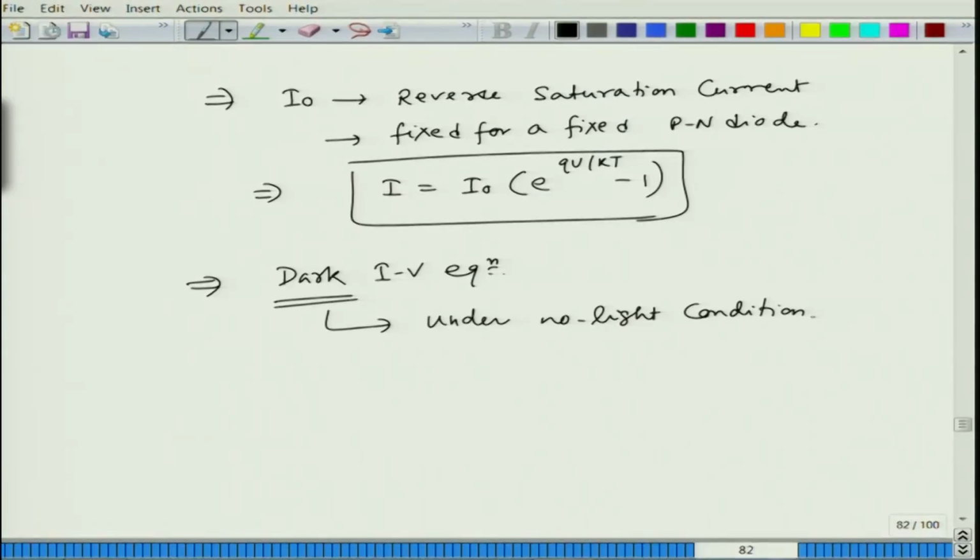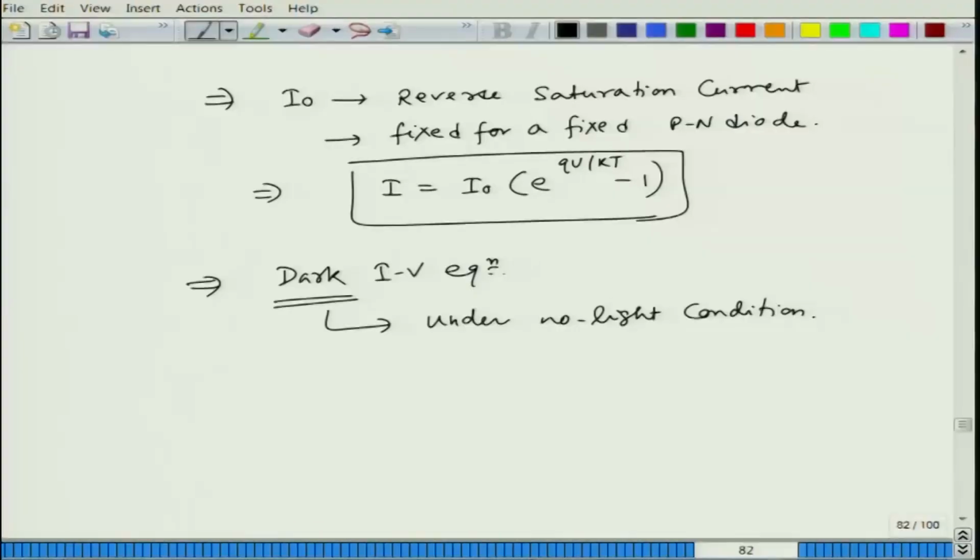If you follow how we proceeded, first understanding the equilibrium where there is no voltage, and then bringing P and N together and seeing what happens inside the band structure, that is how we got the equilibrium. Now, once you apply voltage, forward bias or reverse bias, how does that affect it? That is what we got, and this is the pinnacle of that analysis, which gives us the dark IV equation.